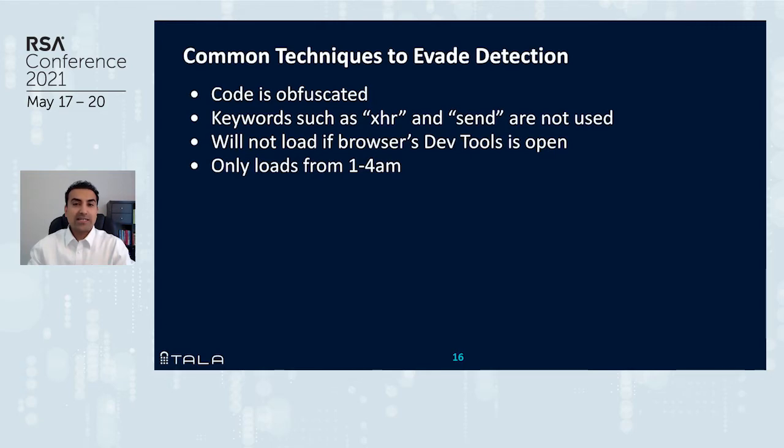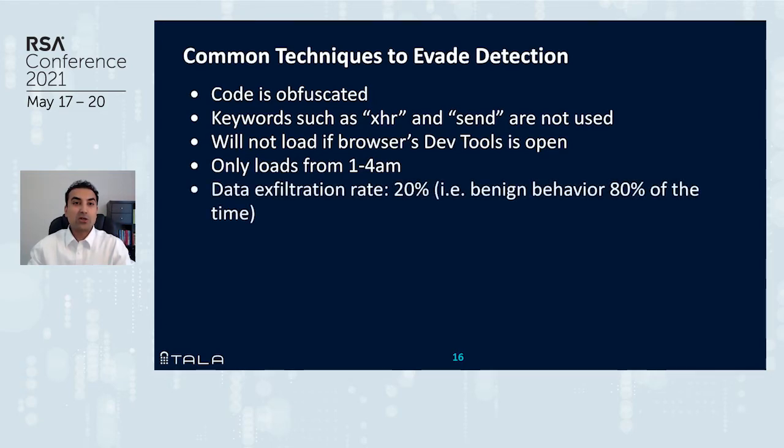And even during that time, the malicious behavior only occurs for around 20% of the time. By that, I mean to say 80% of traffic at 1 a.m. to 4 a.m. is still completely clean. And you won't even realize there's an attack taking place for the other 20%.